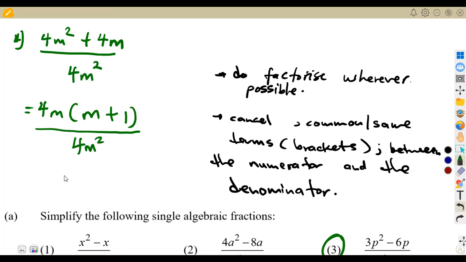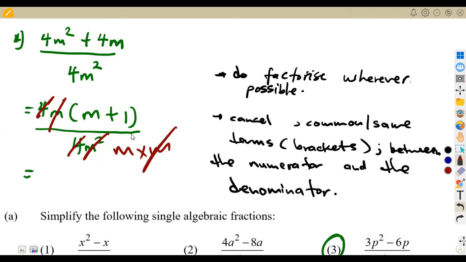So let's get back to our situation. Yes, it's true that we can cancel because these terms are outside of the bracket, so we can cancel 4 and 4. But let's consider the m. There is 1m, m to the exponent of 1, so it's only one. Here there are 2 of them, m times m.